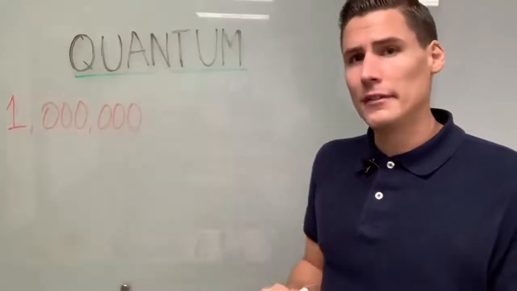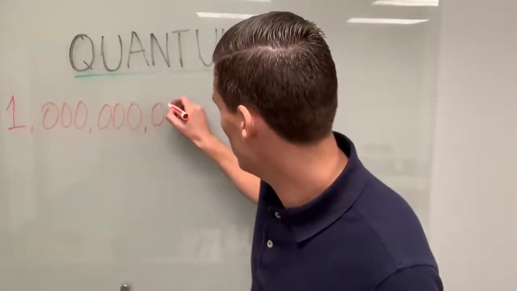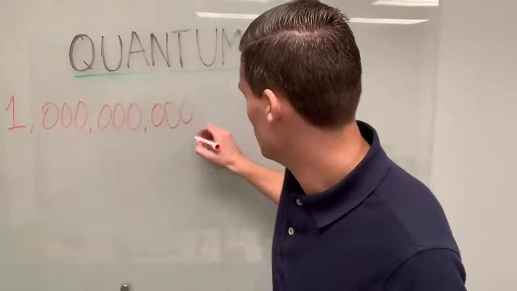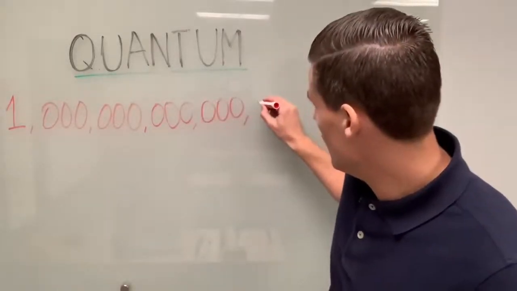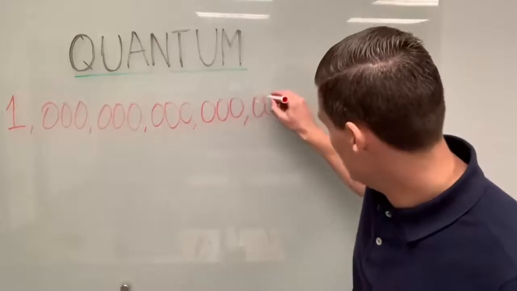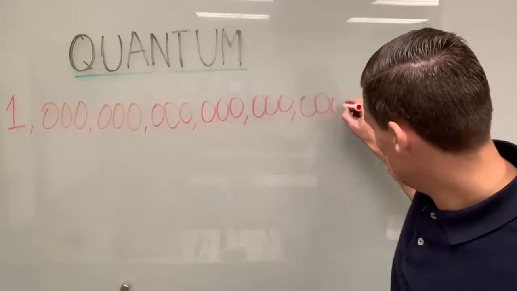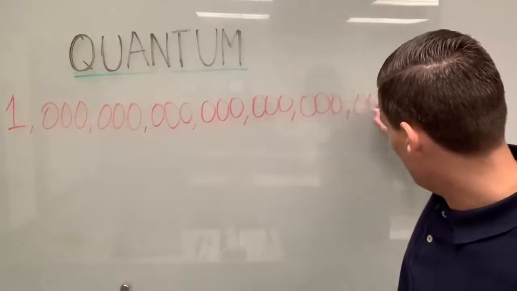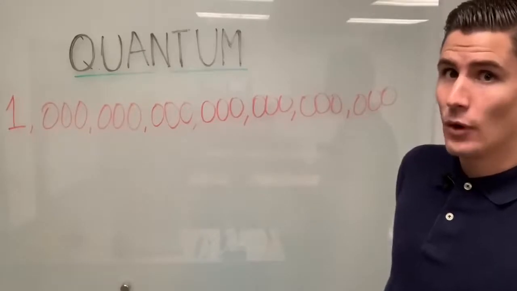That right there is 1 million. There's a billion, a trillion, a quadrillion, a quintillion, a sextillion. Yeah, it's like that.